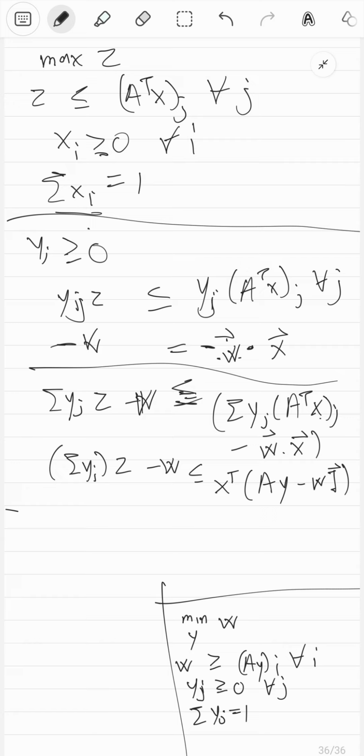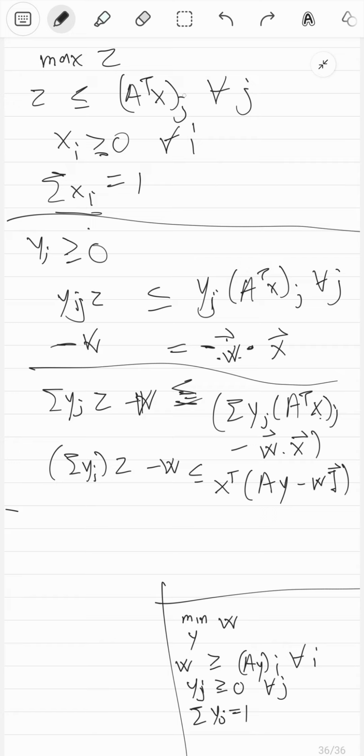The reason is that yj is already positive, so we can just divide this whole thing by the summation of yj to normalize it, and then w is also a positive quantity, so nothing much really changes. Instead of doing all of that, we can directly say: just make the summation of yj equal to 1. That does exactly the same thing.